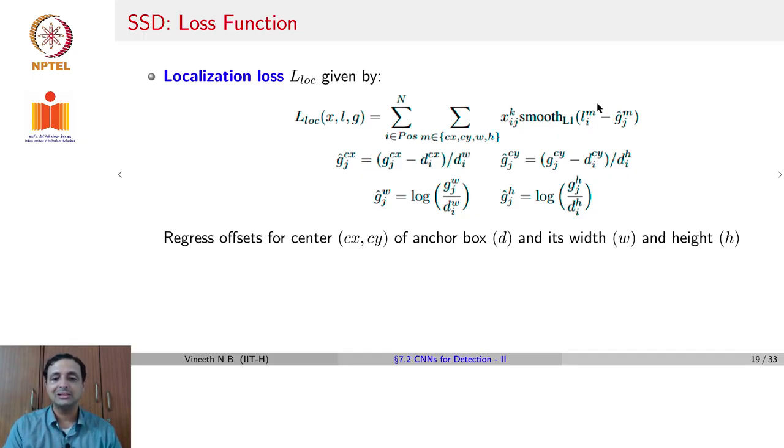And these l's are the predicted offsets and g_j hats are the ground truth offsets, and these ground truth offsets are given by g_j hat cx is g_j cx minus d_i cx, which is the center of the current anchor box. You're just ensuring that your g_j represents the correct offset with respect to the anchor box in question, and you're normalizing it with respect to the width and the height for the x and y dimensions.